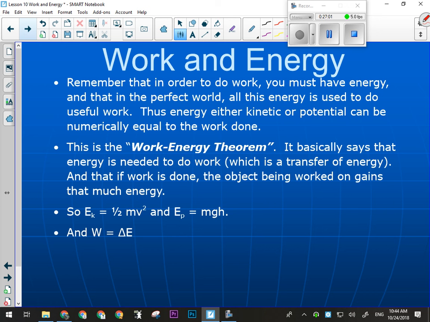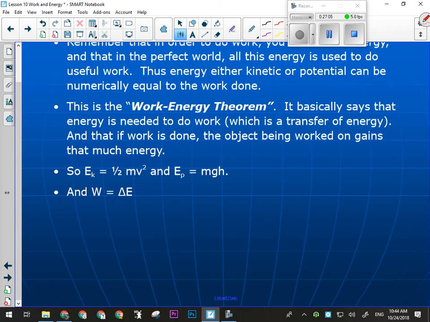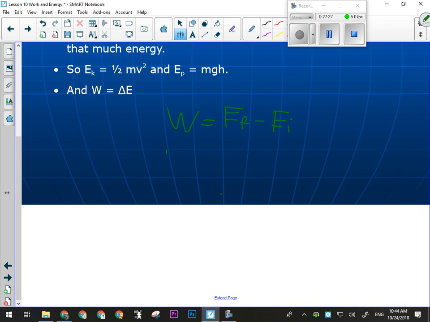So the work-energy theorem states exactly this, guys. The work-energy theorem says that work is a change in mechanical energy. And what we mean by that is this: when work is done, we take the final mechanical energy and subtract the initial mechanical energy, which for a Physics 20 problem means this.